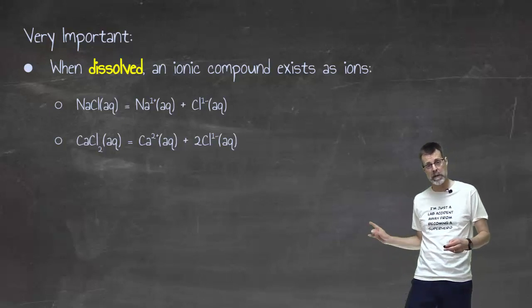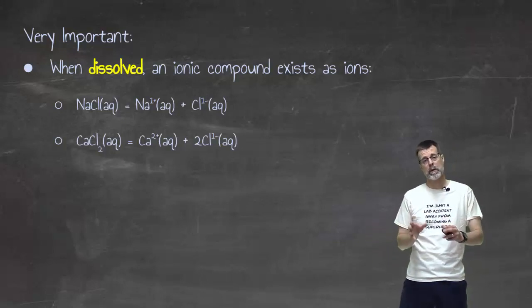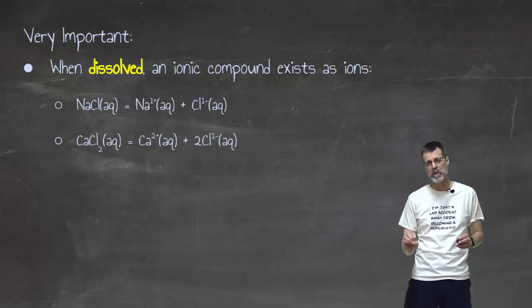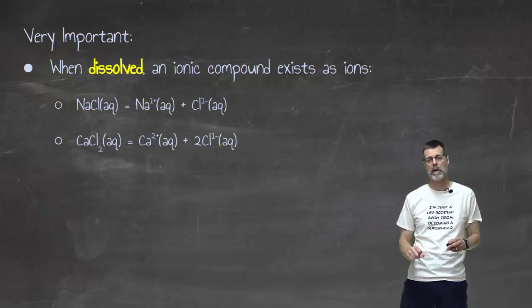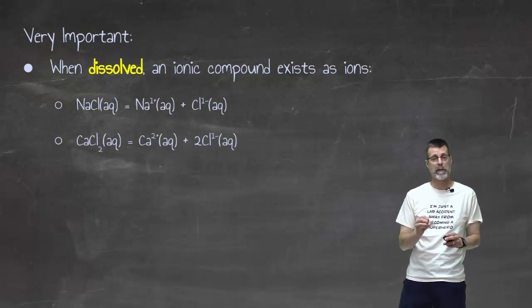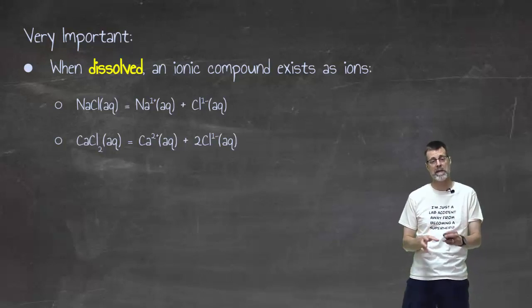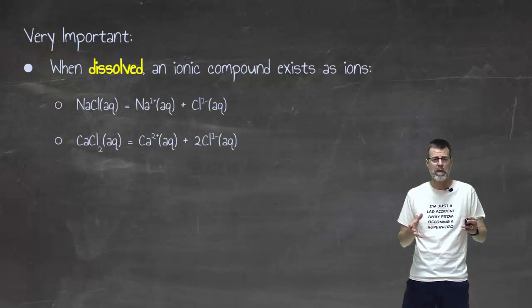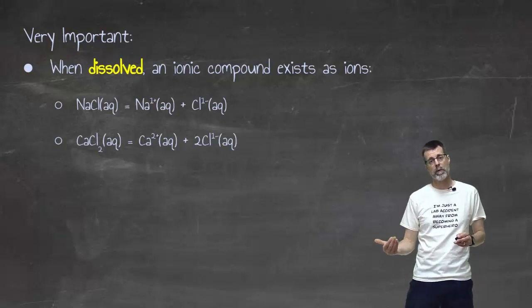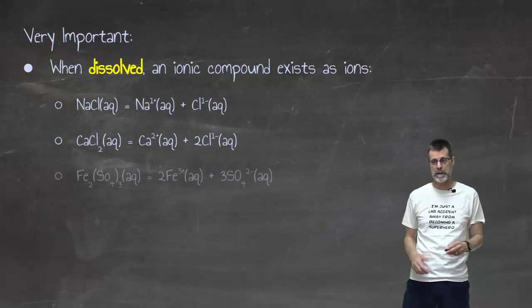And I want you to pay particular attention to what's going on with the chlorine, because that little subscript 2 in the calcium chloride does not stay as a subscript. And this is one of the places where people run into a lot of problems. They struggle to convert the formula into ions.